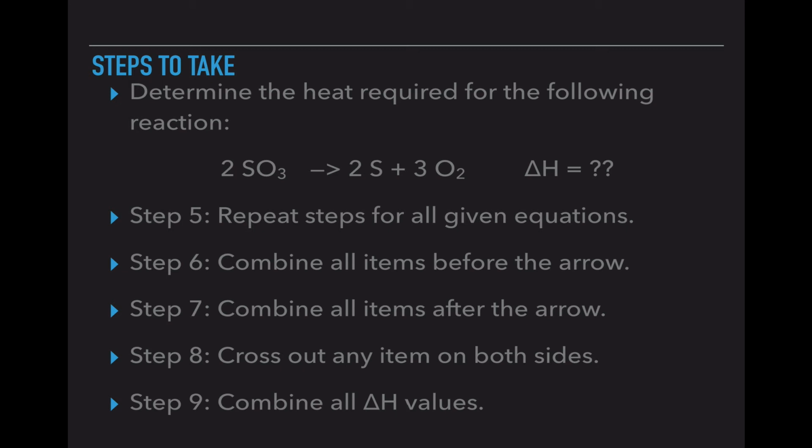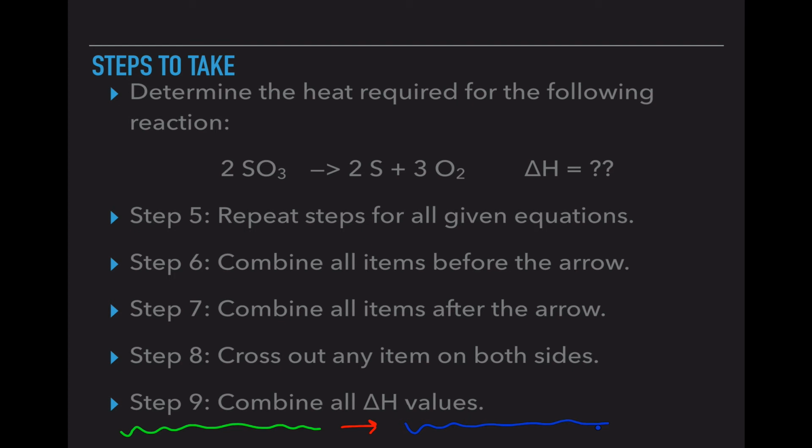Step 6, combine all of the items before the arrow. Step 7, combine all of the items after the arrow. So when I showed this in the last video, I had the arrow here. I did all of the stuff on this side in green and all of the stuff on this side in blue. Step 8, cross out any item that is on both sides.